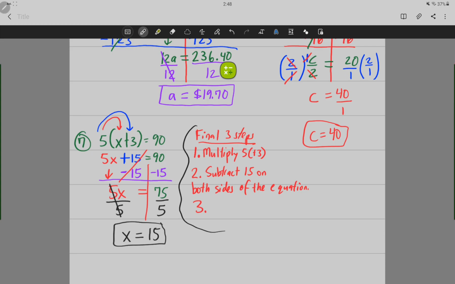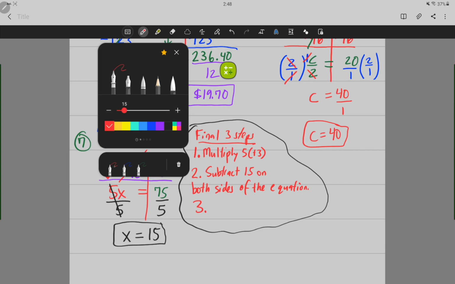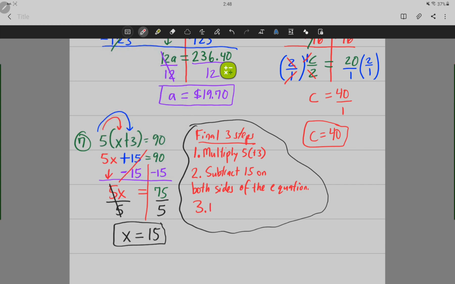So the final step, step 3 here that we just did, which was to divide by 5 on both sides of the equation.